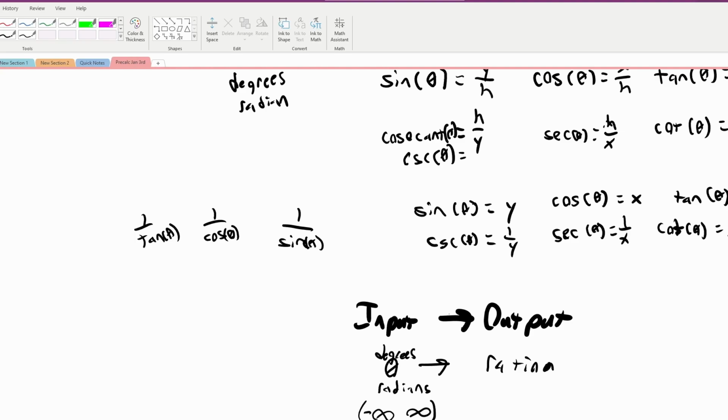However, each value is really equivalent to the specific values between 0 and 360, and 0 and 2 pi. Now again, we can put values outside of this, but they're equivalent because the pattern repeats.